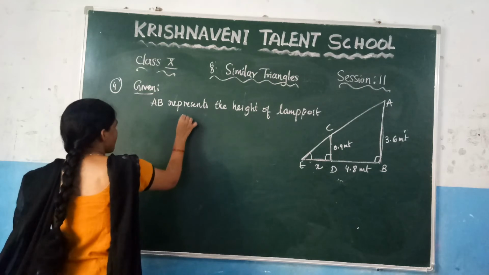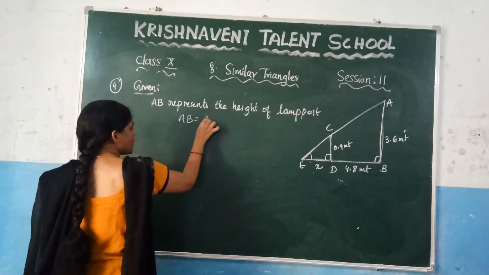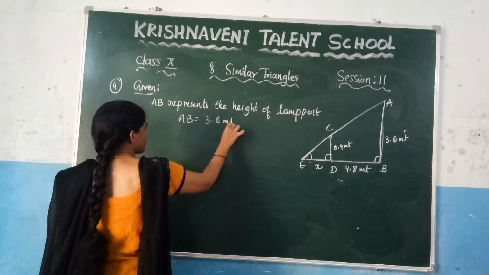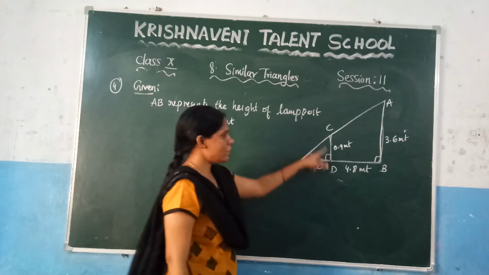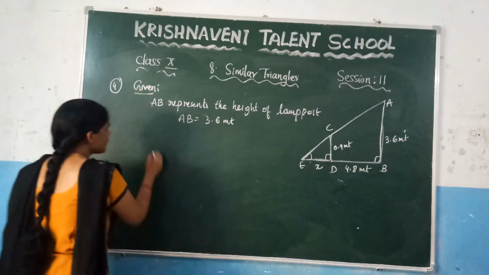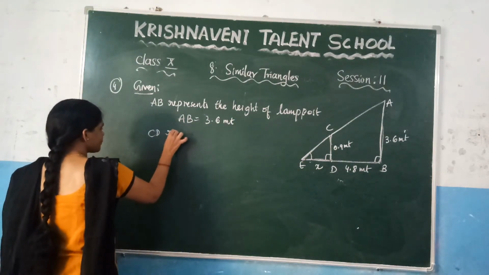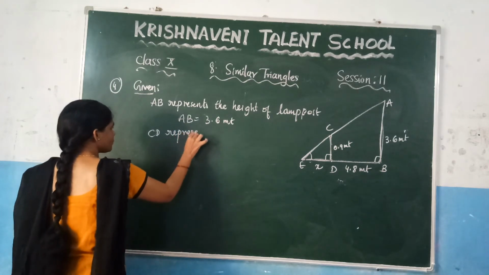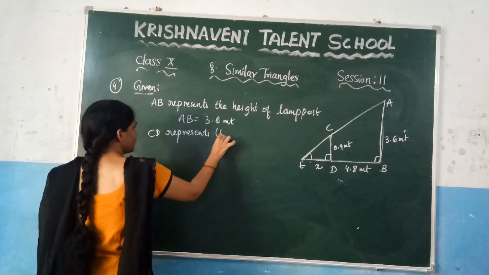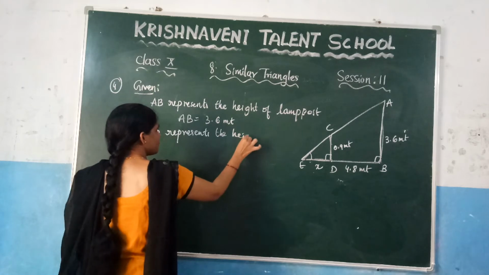And how much they have given? AB, which is 3.6 meters. And what is CD, which is nothing but the height of the girl. CD represents the height of the girl.